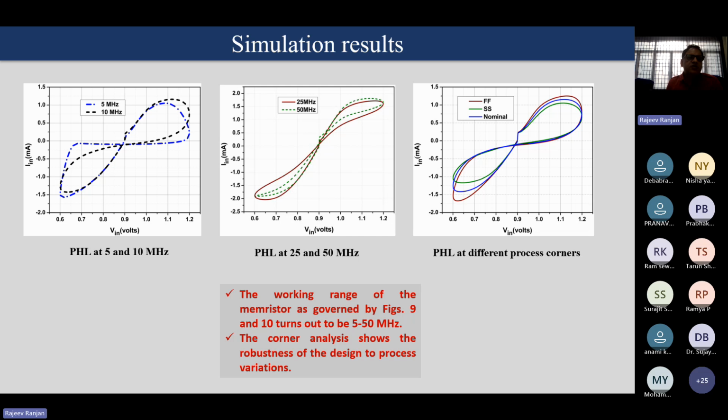Here is the pinched hysteresis loop of 5 and 10 megahertz, here 25 to 50 megahertz, and PHL for different process parameters. The working range of the memristor is governed as in figure 9, and the corner analysis shows the robustness of the design across process corners.